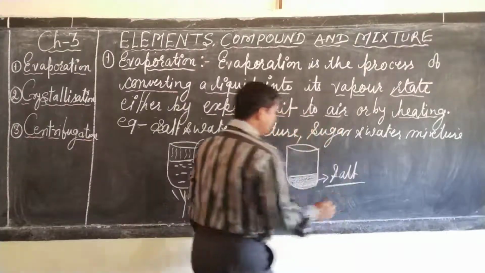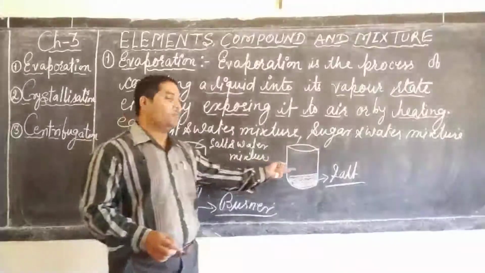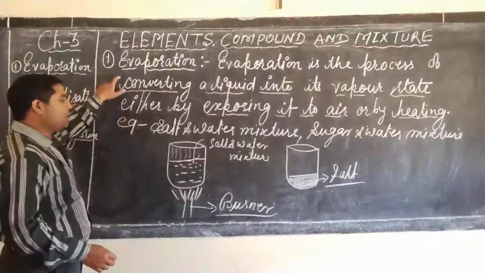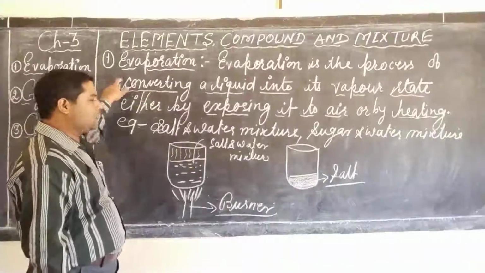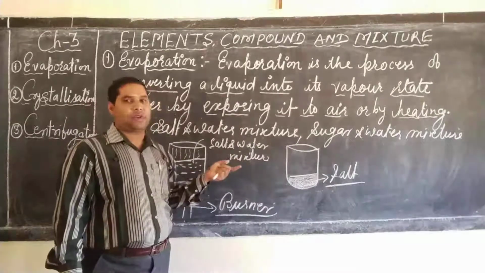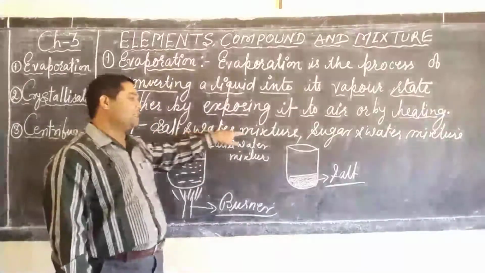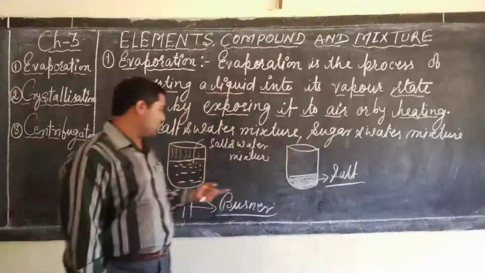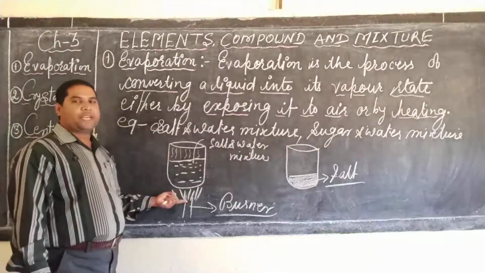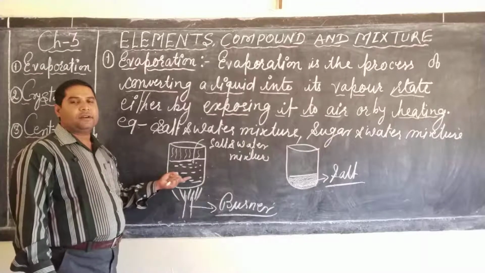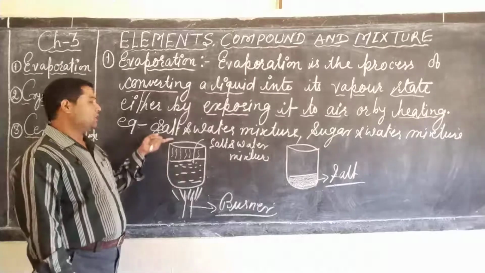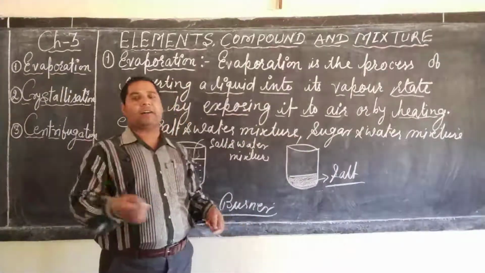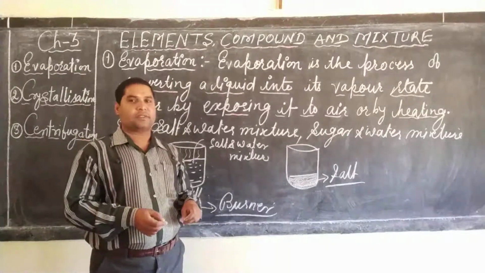Salt remains and the liquid evaporates. So, by the process of evaporation, we can separate a solid dissolved in the liquid, for example, salt and water solution. The solid can be salt or sugar or any other type of material.